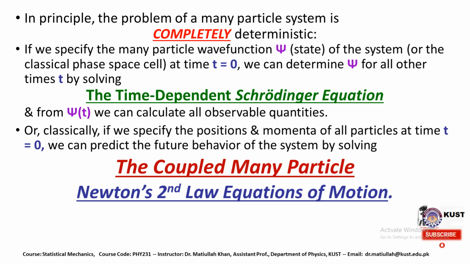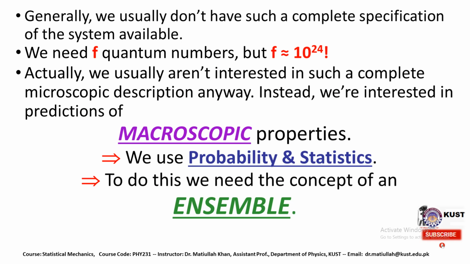And if we specify the position and momentum of all the particles at time t equal to 0, we can predict the future behavior of the system by solving the coupled many-particle Newton's second law equations of motion for that particular system.